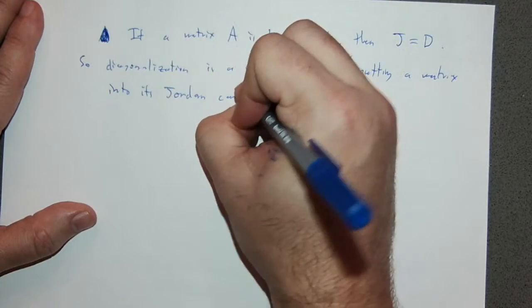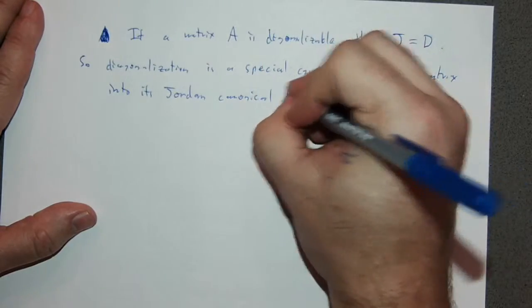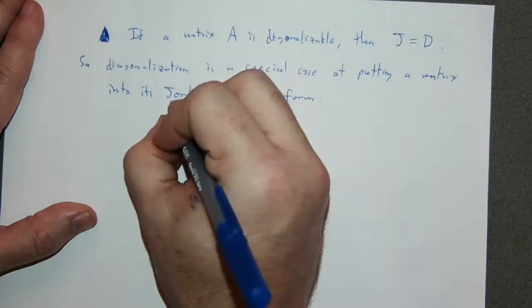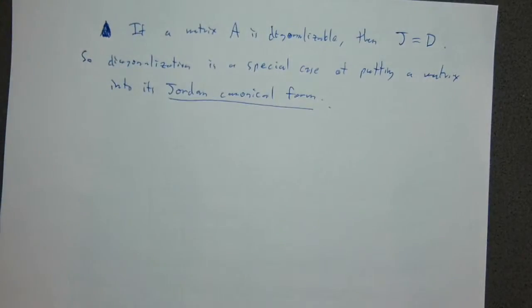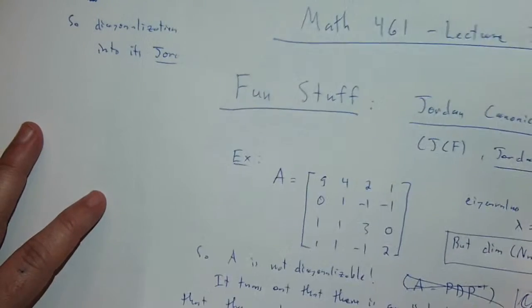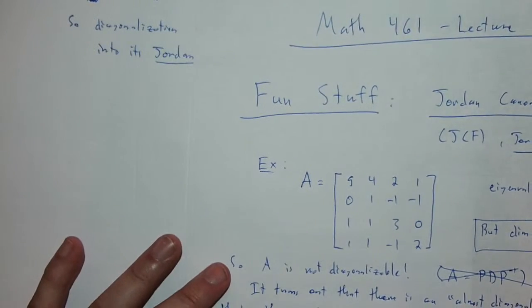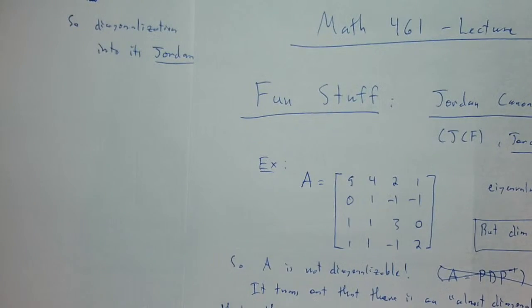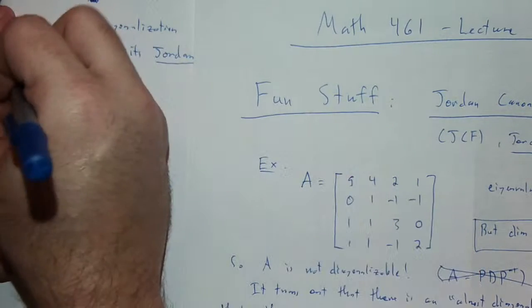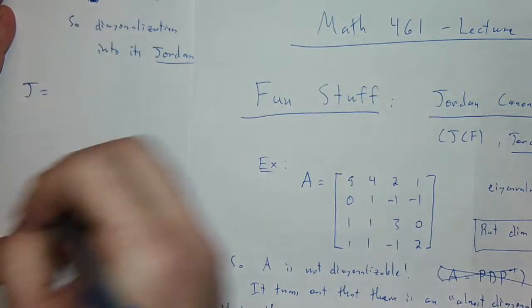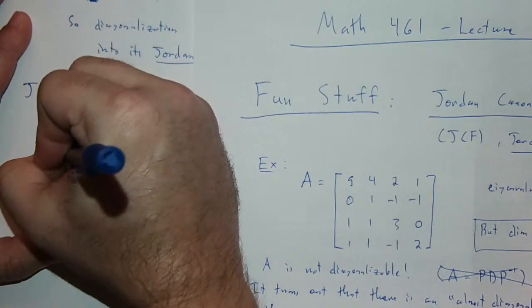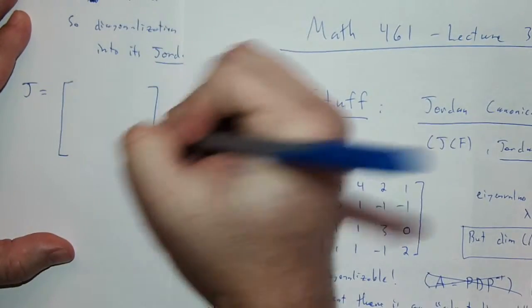Okay. So what is the Jordan canonical form for this matrix? Let's bring the matrix back. So here's my matrix A. What is the Jordan canonical form for this matrix? So for this matrix A, J is the 4x4 matrix.